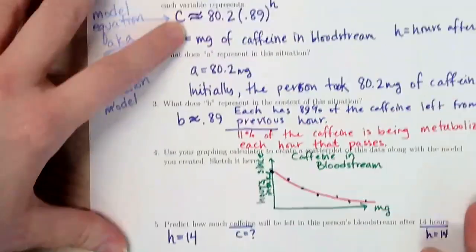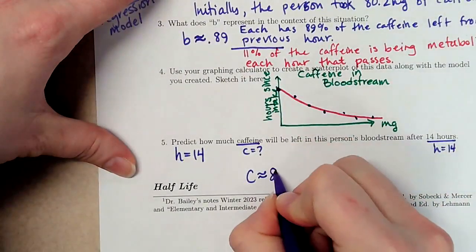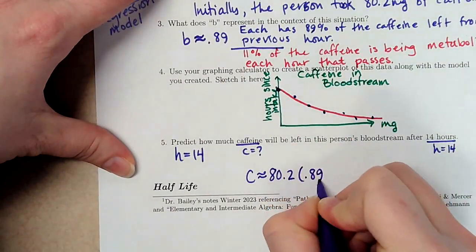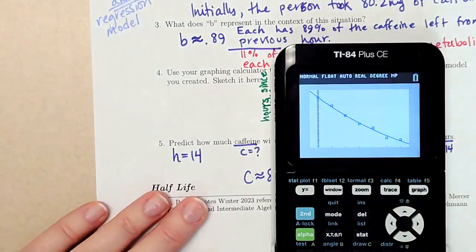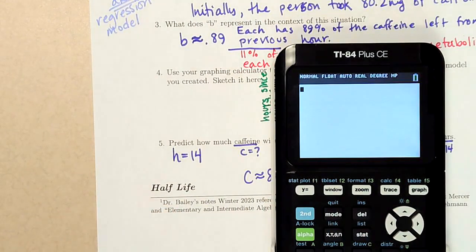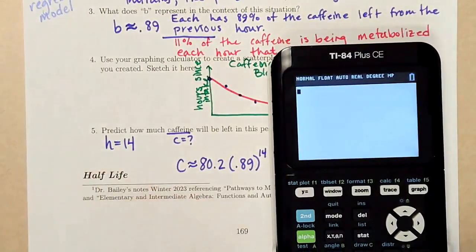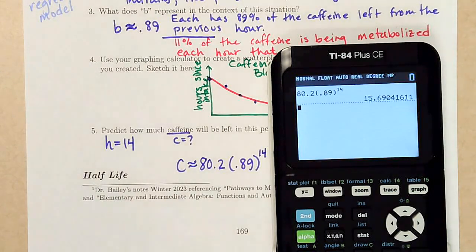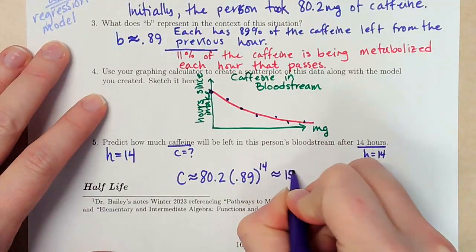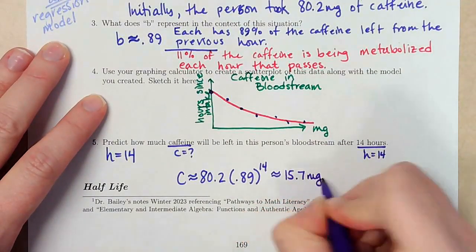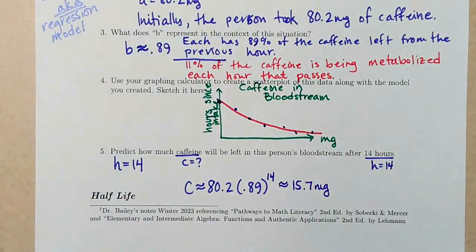Okay, so caffeine is approximately 80.2 times 0.89 to the 14th power. There we go. I go second quit to get back to main screen. 80.2 times 0.89 to the 14th power. About 15.7 milligrams. It's just slowly leaving the body.